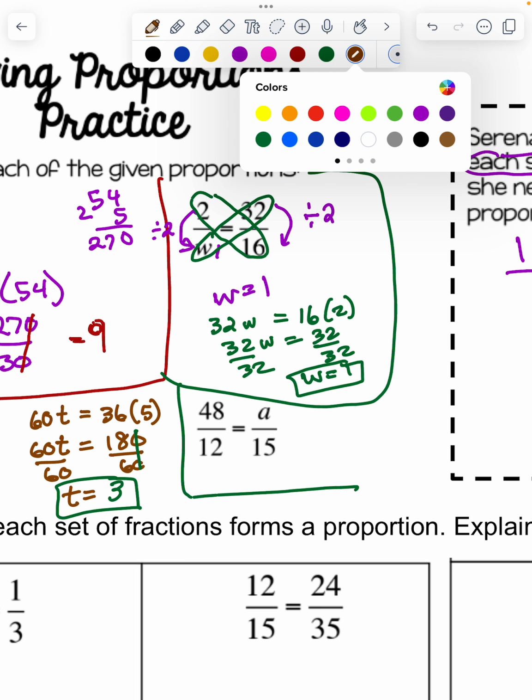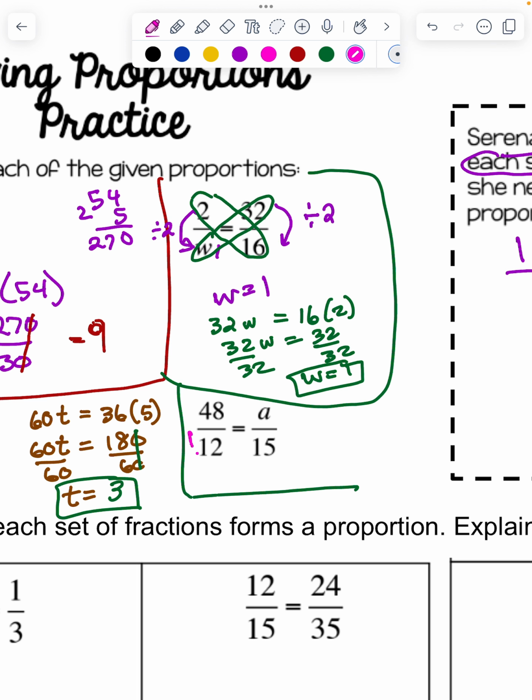If you know that 12 times 4 is 48, then you're going to multiply 15 times 4, and 15 times 4 is 60. A equals 60. I can do it the other way and do 12A equals 48 times 15.